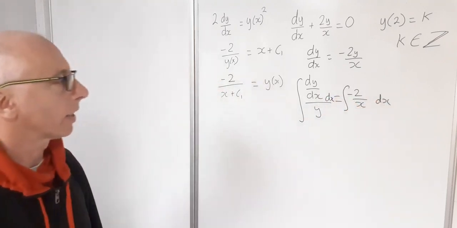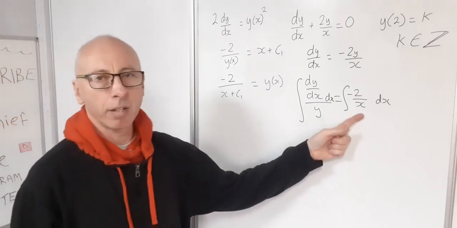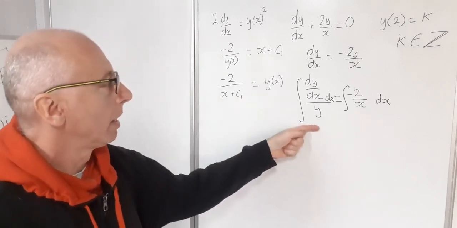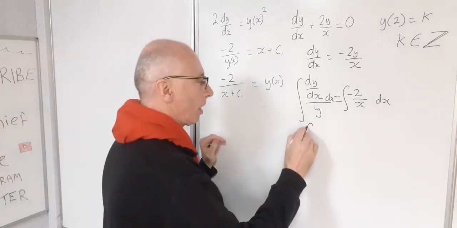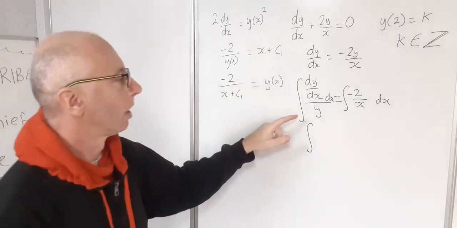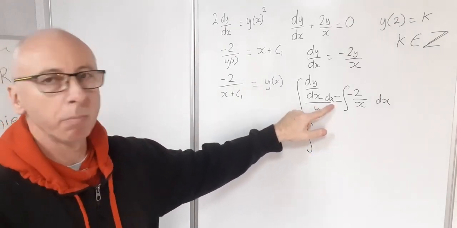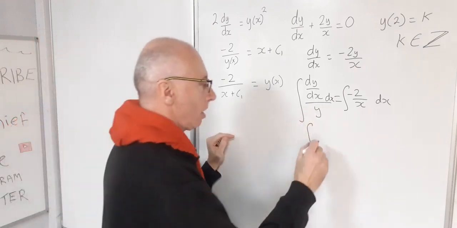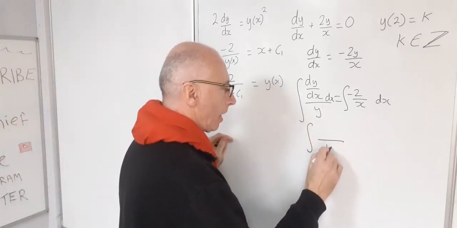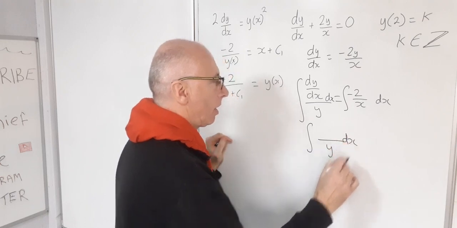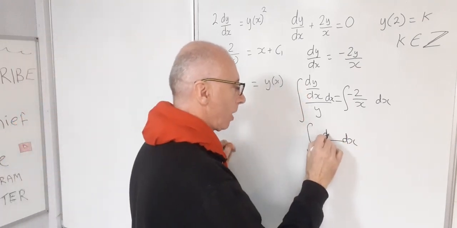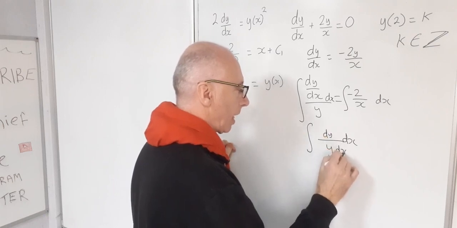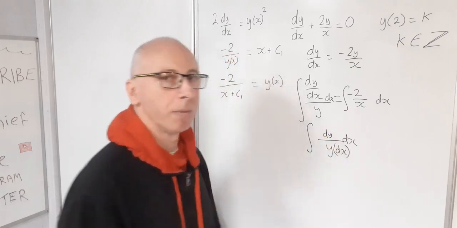Okay, so this side I can tidy this up no problem. This side I need to just fiddle around with a little bit. So now I'm going to get my integral. Well, y will stay on the bottom, and with regards to x, my integral parameter there. And then dy/dx. So dy will stay on the top, and I'll have my dx on the bottom.